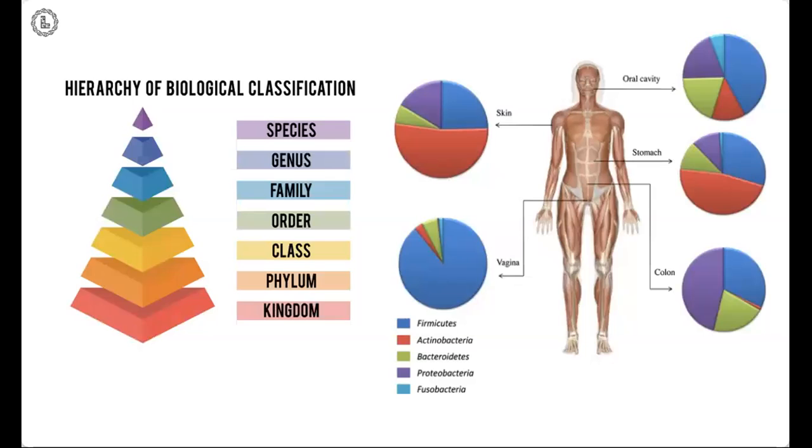So we can use this classification to characterize, for example, microbial composition that is specific to particular regions of the human body. In the taxonomic ranks, we know that it goes from species all the way to kingdom, right?